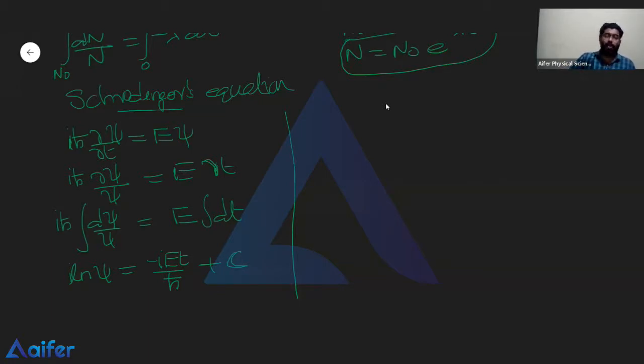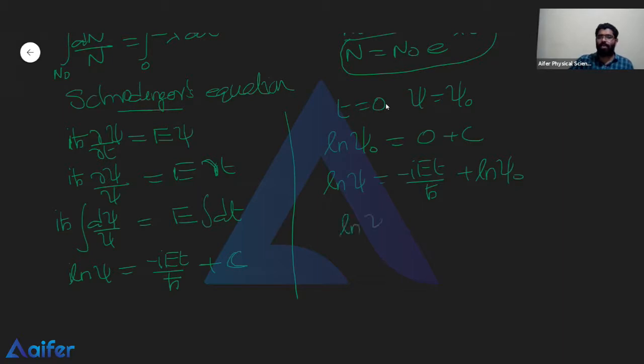Now this constant has to be removed. I am making an assumption that at t equal to 0, the state vector psi equals psi naught. Then ln psi naught equals the constant C, since the time is 0. So I get ln psi equals minus i E t by h cross plus ln psi naught.